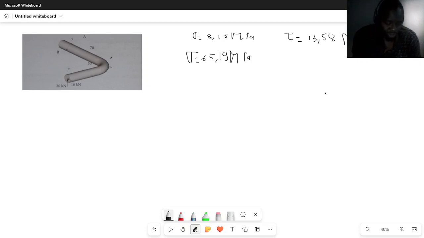Because we did it, and for my information, only Andile has missed my classes. This is the shear stress due to the torque, which is 40,74 megapascal.